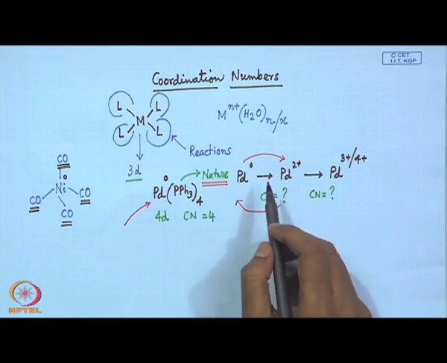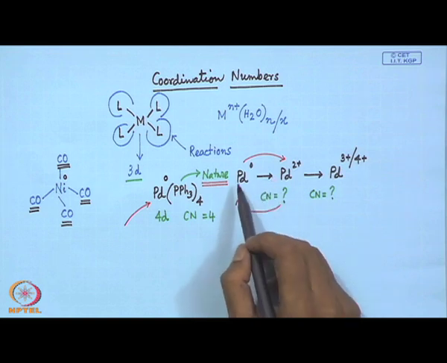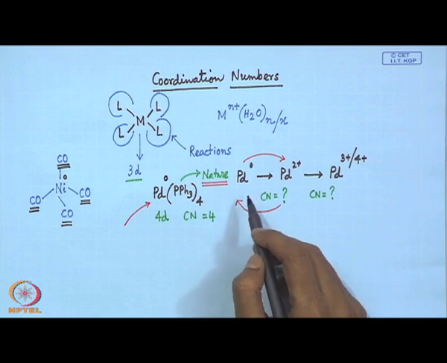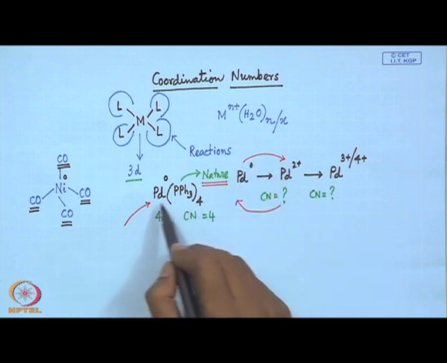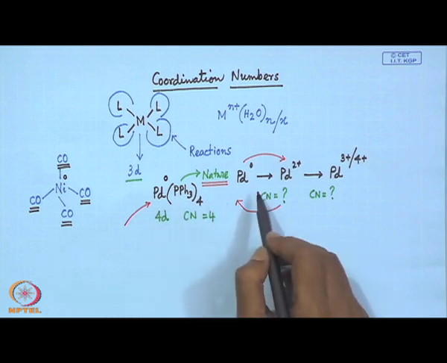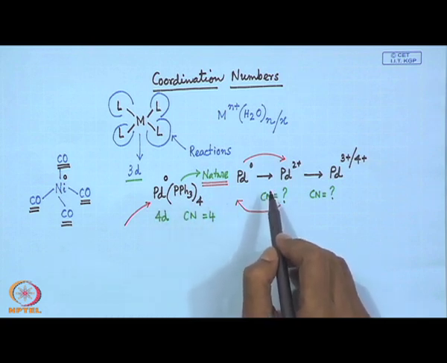So, we can expect some of these important reactions where the palladium metal ion can take part, playing the corresponding catalytic role. Then this particular coordination complex in the 0 oxidation state of palladium can function as a very good catalyst.